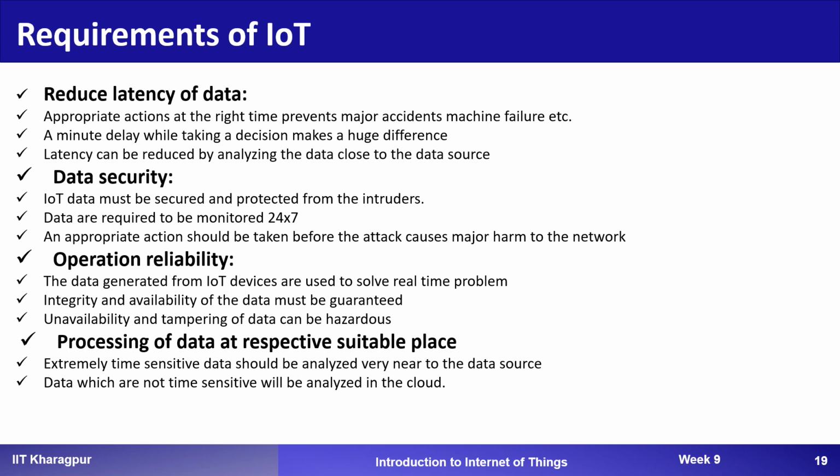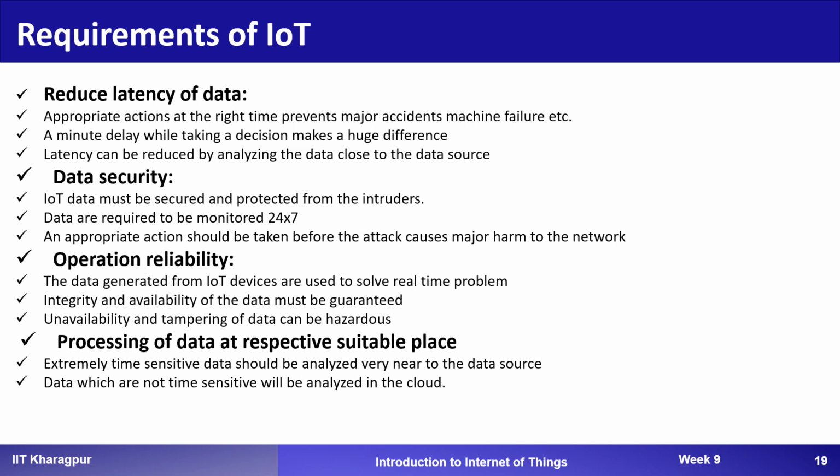The second one is data security. If you are going to use the cloud, you have to send your data to a server located very far from the end user point. There might be a chance that your data may be corrupted when you send it to the cloud. Also, attackers might attack your data.